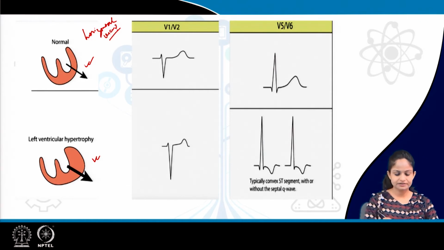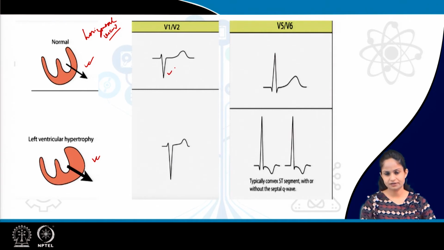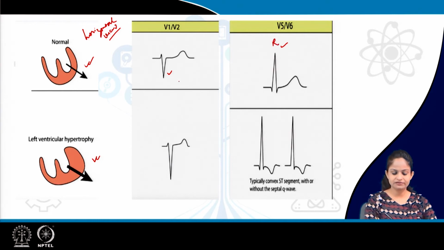So, we can see the normal QRS complexes: an inverted S wave in V1 and V2, and in V5 and V6 the R wave. This is the T wave, with a slight upsloping of the T waves.